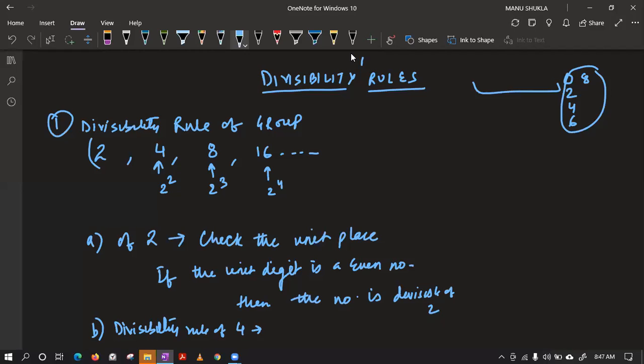Class, please tell what is the rule of 4.